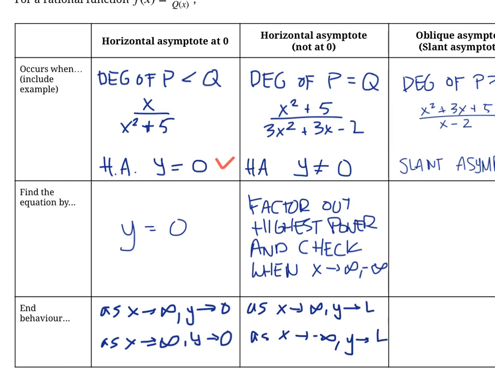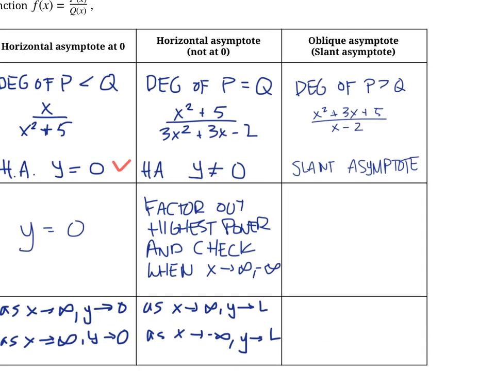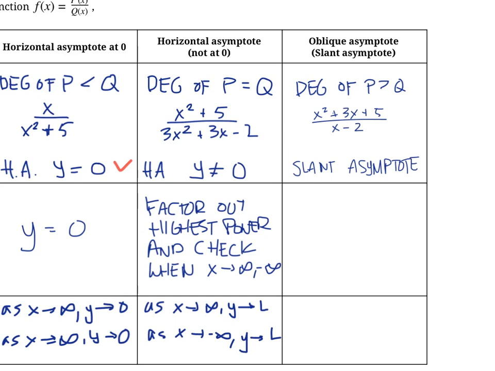Now the question is, what happens with an oblique asymptote or a slant asymptote? How do we find the equation of that slant? It's actually not as complicated as you think. We have this fancy trick called dividing polynomials that we learned in the last unit.